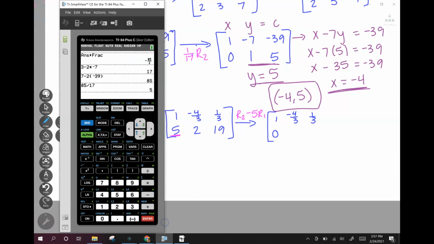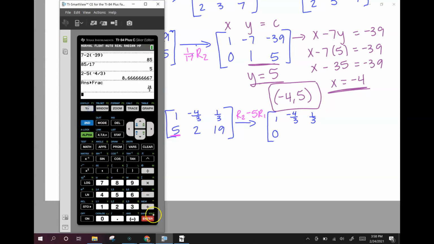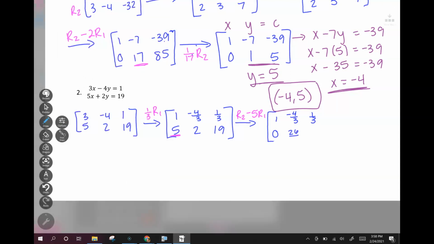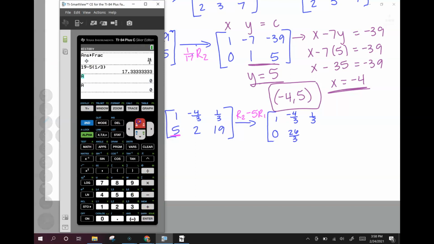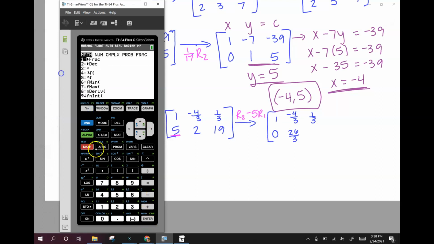And then I've got 2 in row 2 minus 5 times what is in row 1, which is -4/3. So 26/3. Okay, and then the third column, I've got 19 minus 5 times 1/3, which is 52/3.